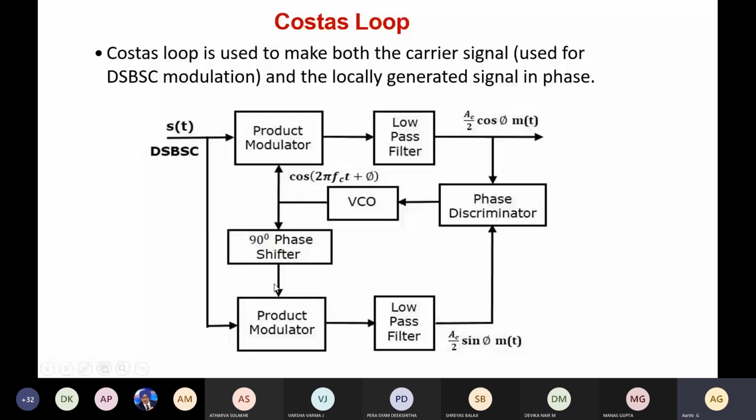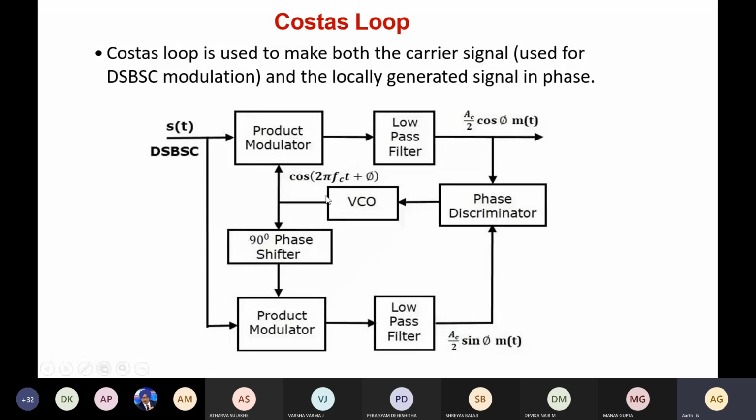This is again filtered. This output, the phase shifted version, is Ac by 2 sin phi into m of t. These two signals are given as input to this phase discriminator. Because of this, the phase errors are corrected from the DC output obtained at the output of the phase discriminator. This is going to correct the oscillator, that is the locally generated carrier from the VCO.